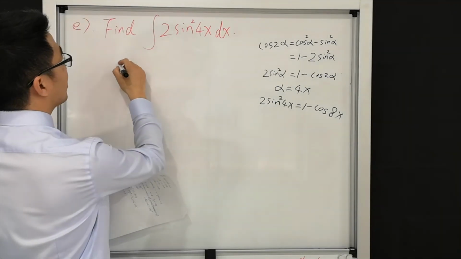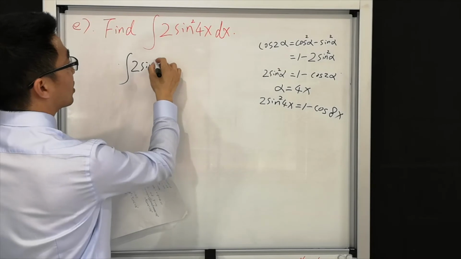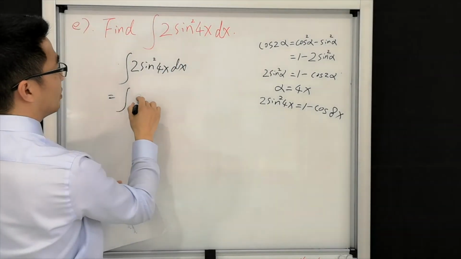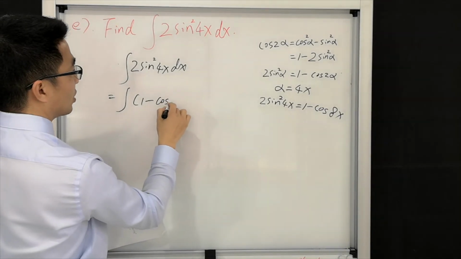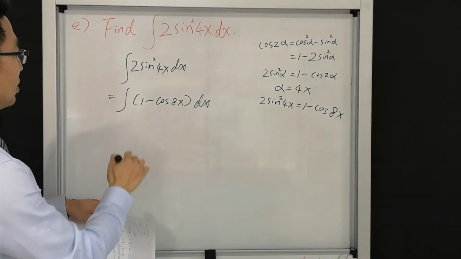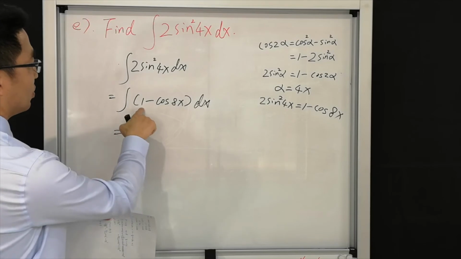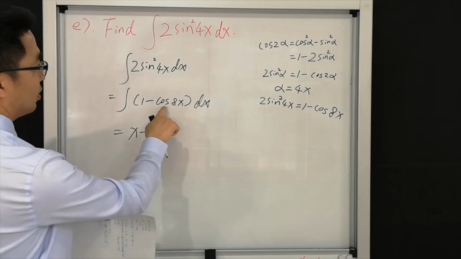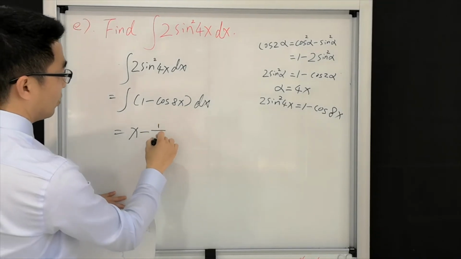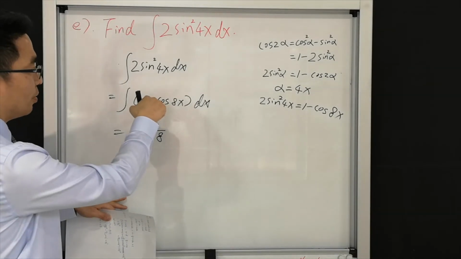So we have the integration of 2 sine 4x squared dx equal to the integration of 1 minus cos 8x dx. Then we can do the integration directly. With respect to x, we have x minus, because here is 8x from the chain rule, we have to keep 1 over 8 to make the coefficient number 1.